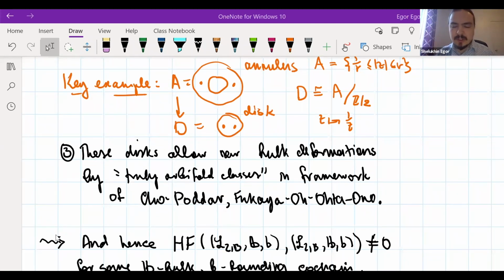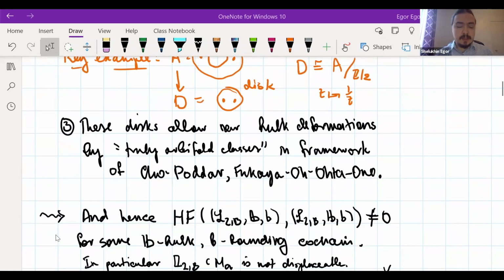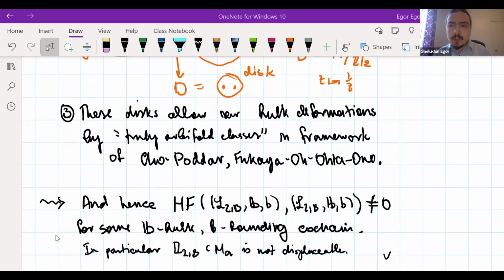Right. And then these disks allow us new bulk deformations by, so to say, truly orbifold classes in the framework of Cho-Poddar and Fukaya-Oh-Ohta-Ono. In this way, it turns out that this extra freedom of choosing new bulk deformations allows Mak and Smith to produce non-vanishing Floer homology of this Lagrangian torus L2B, with some bulk and some bounding cochain.